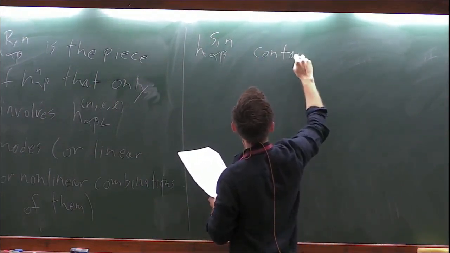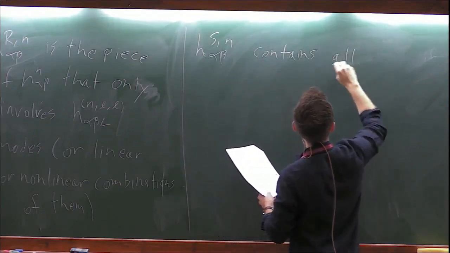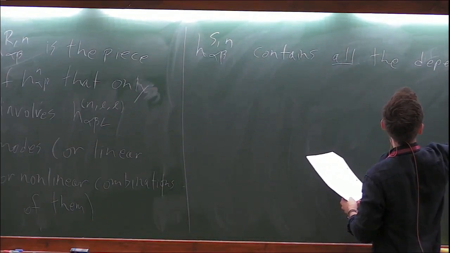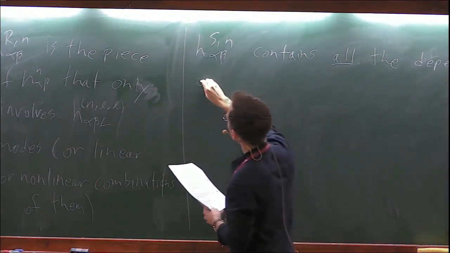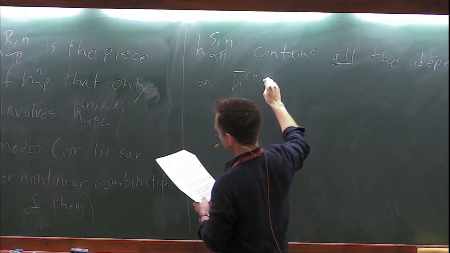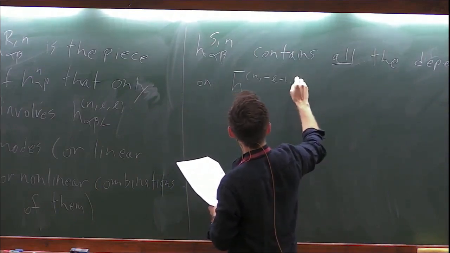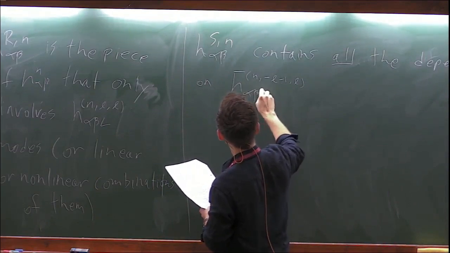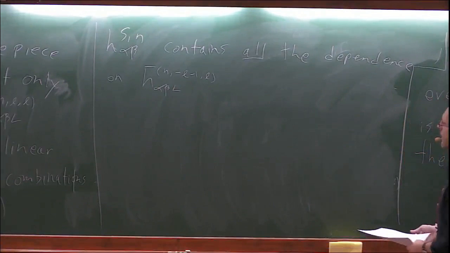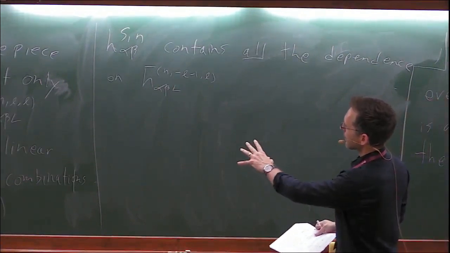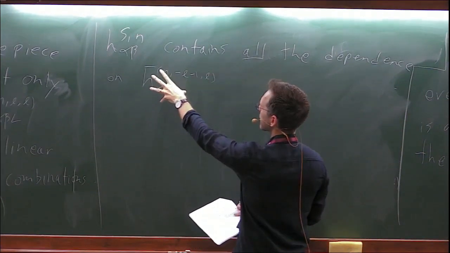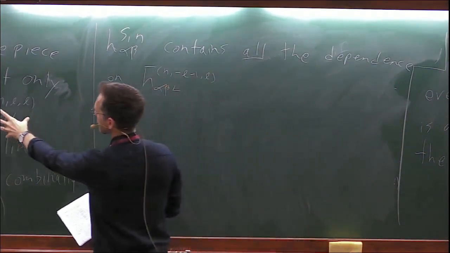Then h^S contains all the dependence on the special modes over there, h bar^{n-L-1}_{αβ L}. So it will also contain nonlinear contributions coming from multiplication of this with this.